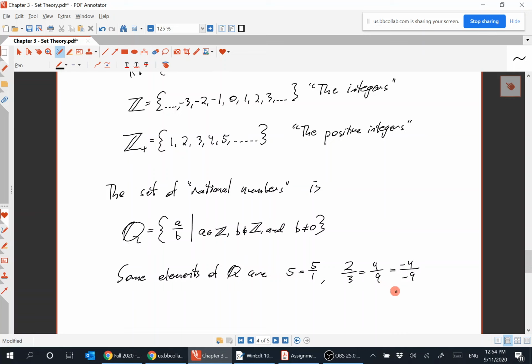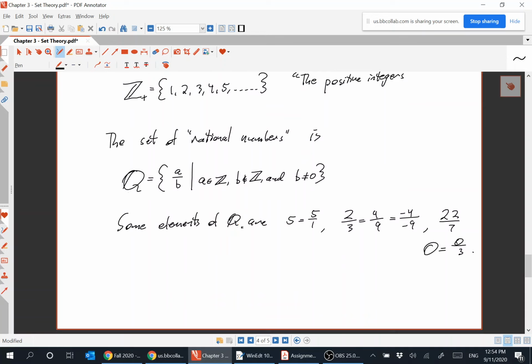So you have infinitely many descriptions of the same number within the rationals. Also, 0 is in Q, because 0 is just 0 over 3, or whatever you want to put on the bottom.